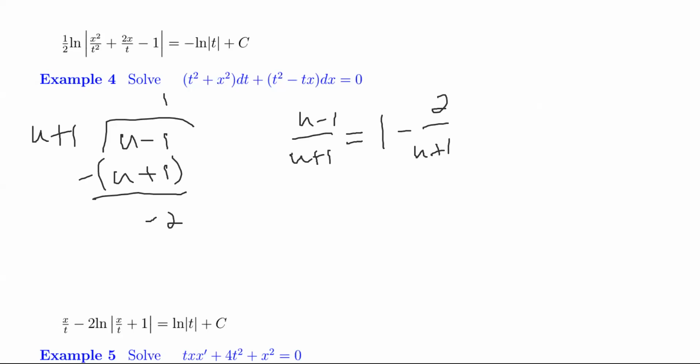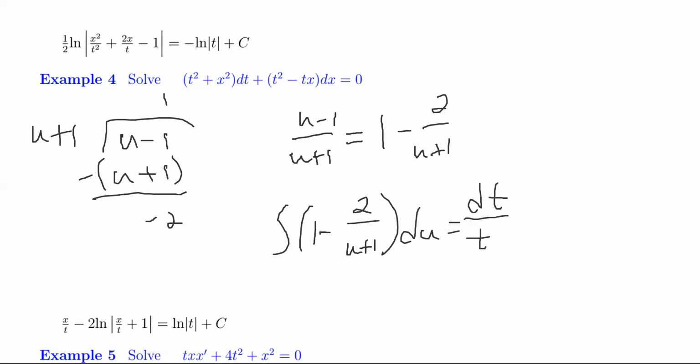All right, so that left-hand side actually becomes the integral of 1 minus 2 over u plus 1 du. So write all that out. This is, again, the integral of 1 minus 2 over u plus 1 du is equal to dt over t.